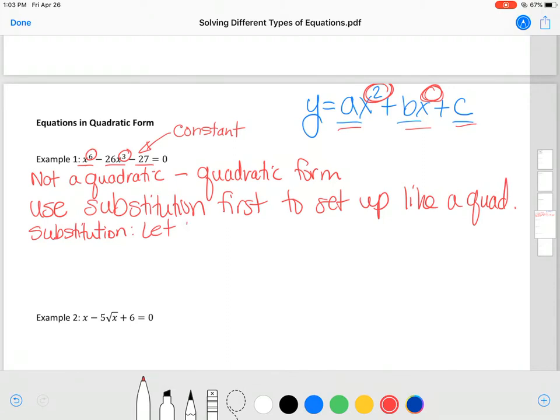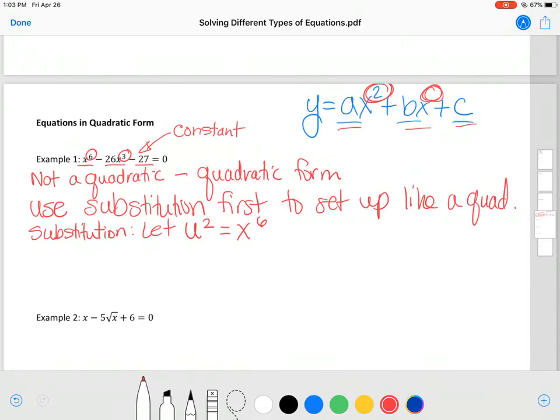So I'm going to say let u squared be equal to x to the 6th. I want to replace x to the 6th with u squared and rewrite this equation so that it has u squared, then a u, and then my constant. And this is the way we're going to set it up to do that.